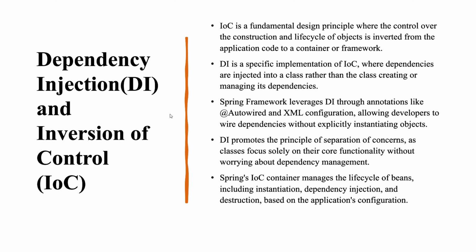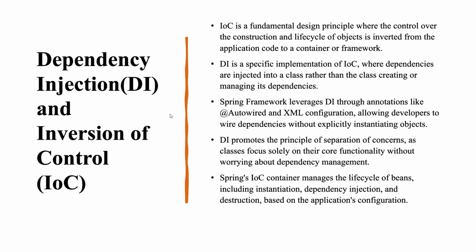And in the case of DI, the dependency injection, it is a specific implementation of IOC, where dependencies are injected into a class rather than the class creating or managing its dependencies. With DI, classes are loosely coupled, which makes them easier to test, maintain and extend. That's the purpose of DI.